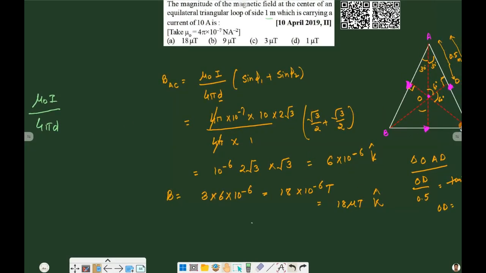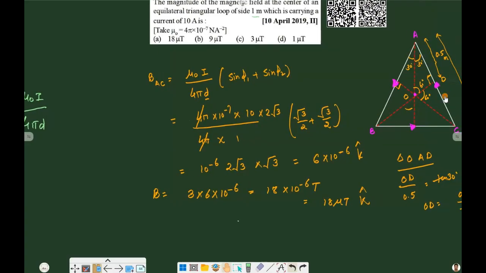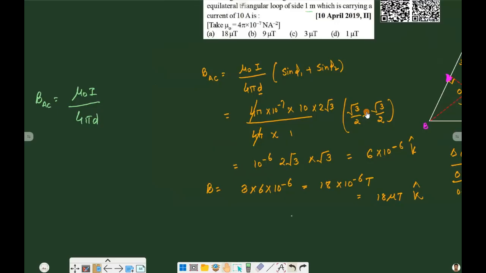Whatever the side length, angles will stay same, so sine phi will stay same. From this we will get, oh sorry, not twice of root 3, we get only root 3.